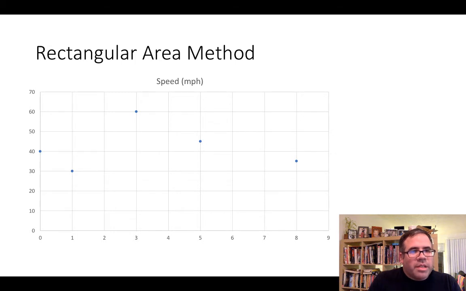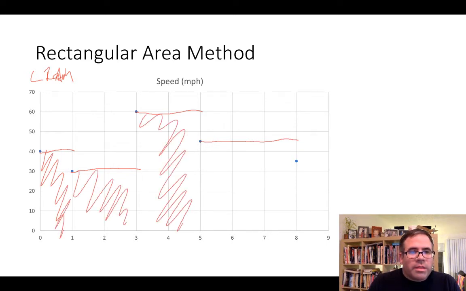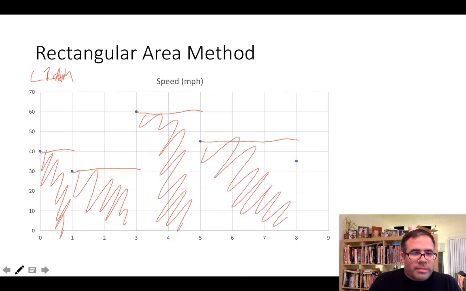So if we did the left RAM, we go on the left side, so from 40, there, and there, right? And we'd find the area using the left-hand endpoint, right?